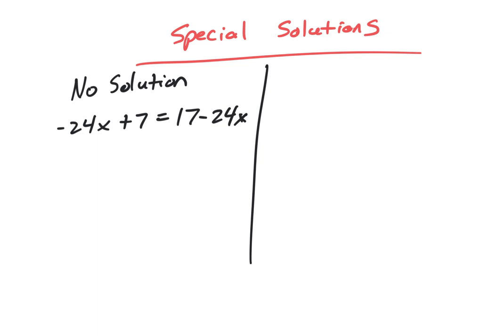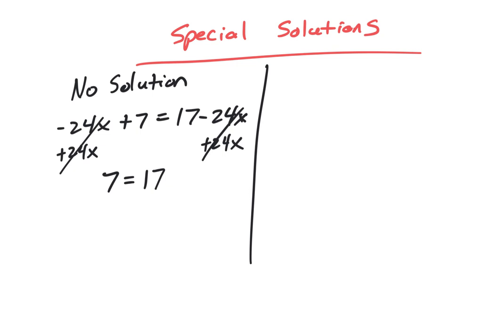And if I'm going to do that, I'm going to add 24x. So those disappear. Those disappear. And so in this case, my x's are gone. I don't have any x's. I can't solve for x anymore because my x's have disappeared. And what I have left is 7 on the left, bless you, and 17 on the right.